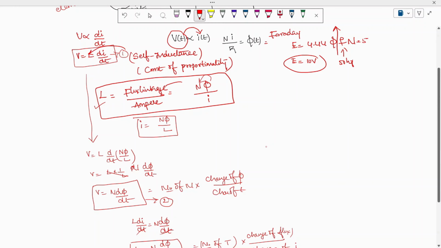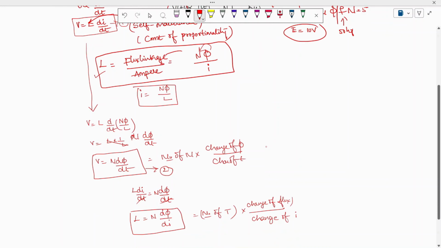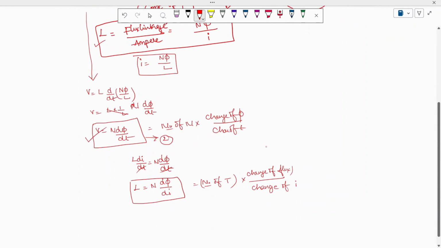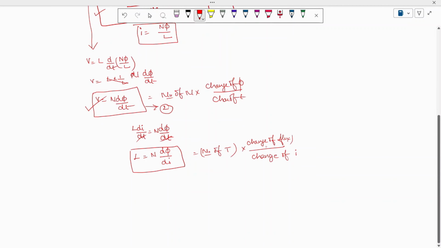The voltage across an inductor is V equal to number of turns multiplied by change of flux divided by time. So the ultimate formula for inductance is L equal to N d phi by di. Now this is all about self-inductance.